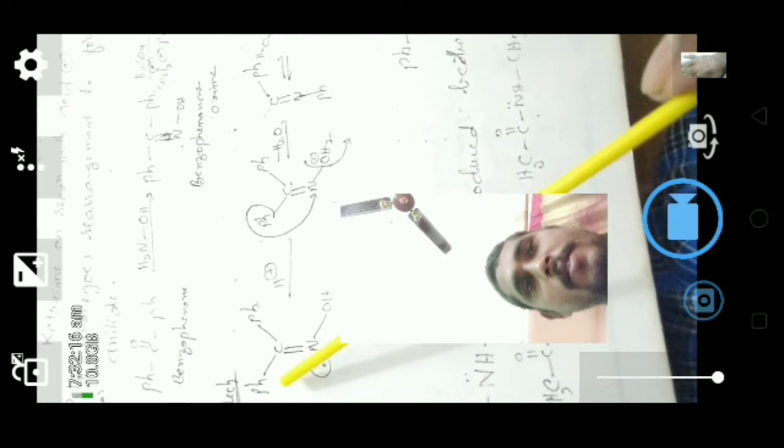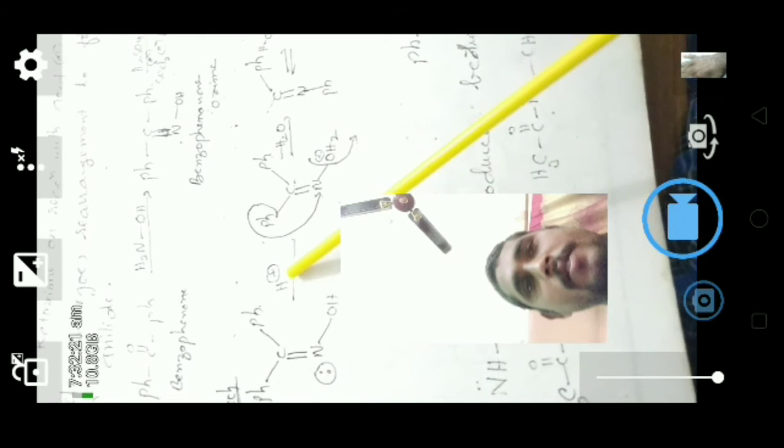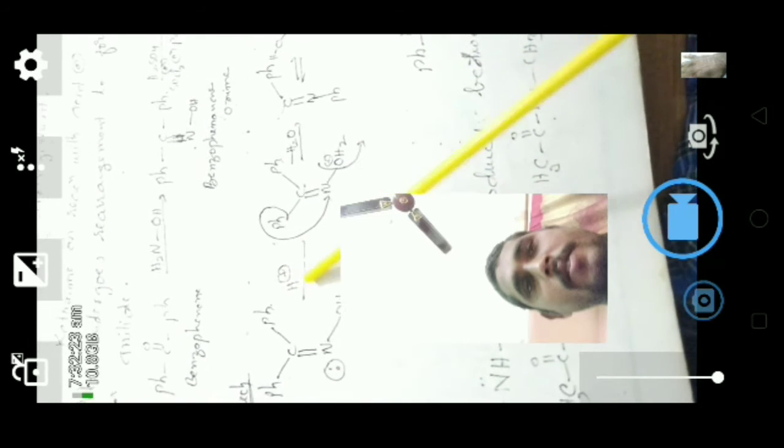We will see the mechanism here. Here this is benzophenone oxime. When you react with a proton, the protonation takes place on the hydroxy group, and a water molecule is eliminated, and the phenyl shift takes place from carbon to nitrogen, giving a hydroxy compound.